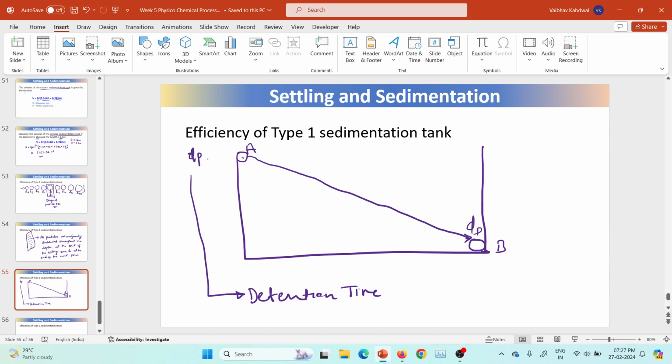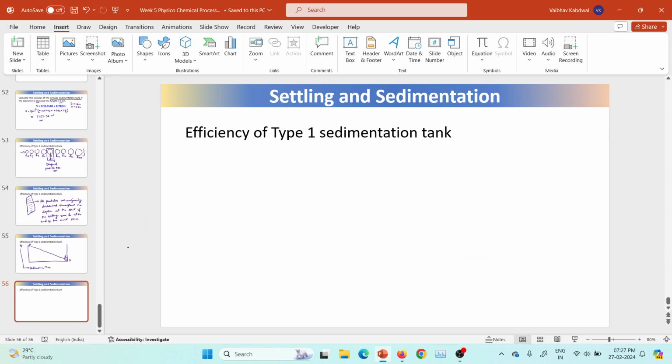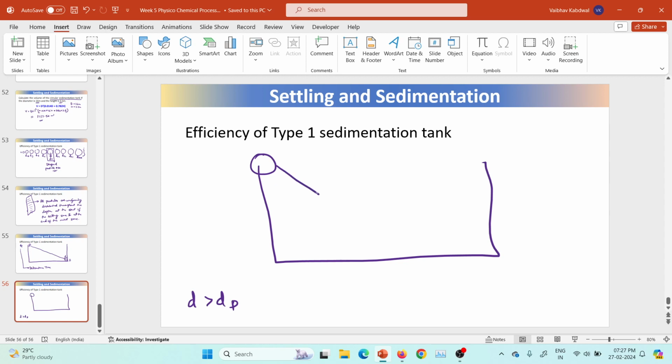So the particle which has a bigger diameter than this will reach early. Suppose d is greater than dp, a bigger particle size, so it will reach early. So t less than td, it will take less time.